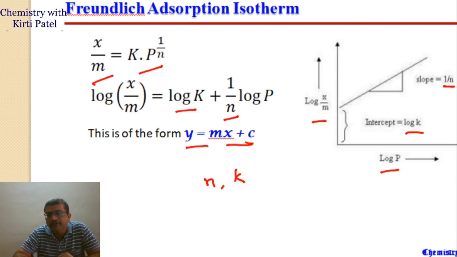In physical chemistry, the first experiment will deal with the verification of the Freundlich adsorption isotherm using adsorption of acetic acid on active charcoal.